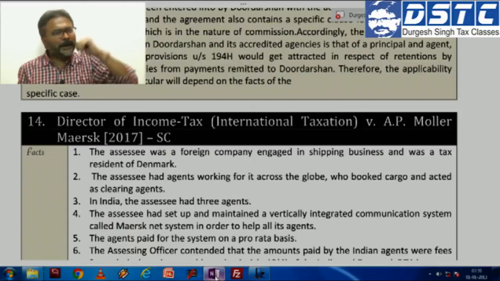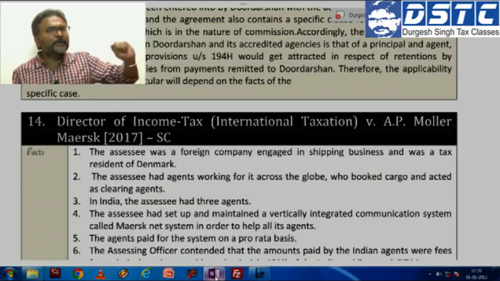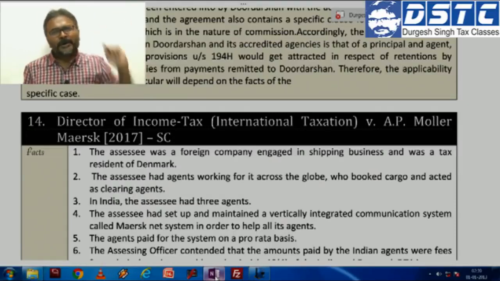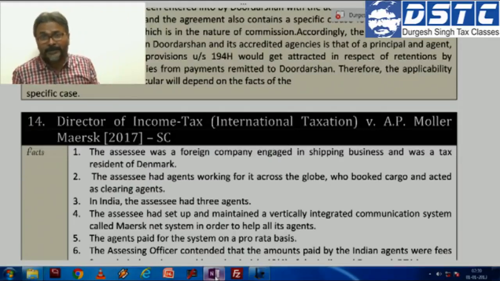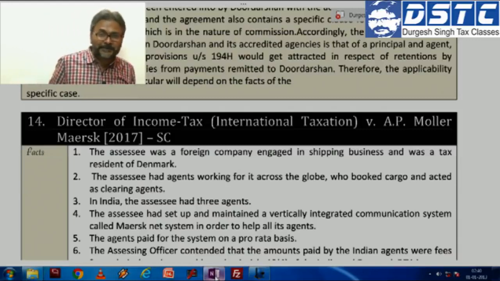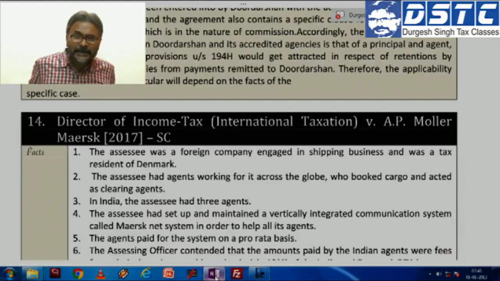So the agent had paid that amount. The question therefore came up was, be careful, whether the amount paid by the agent to this foreign company was in the nature of business income, or in the nature of fees for technical service. Would it be considered a business income or an FTS?